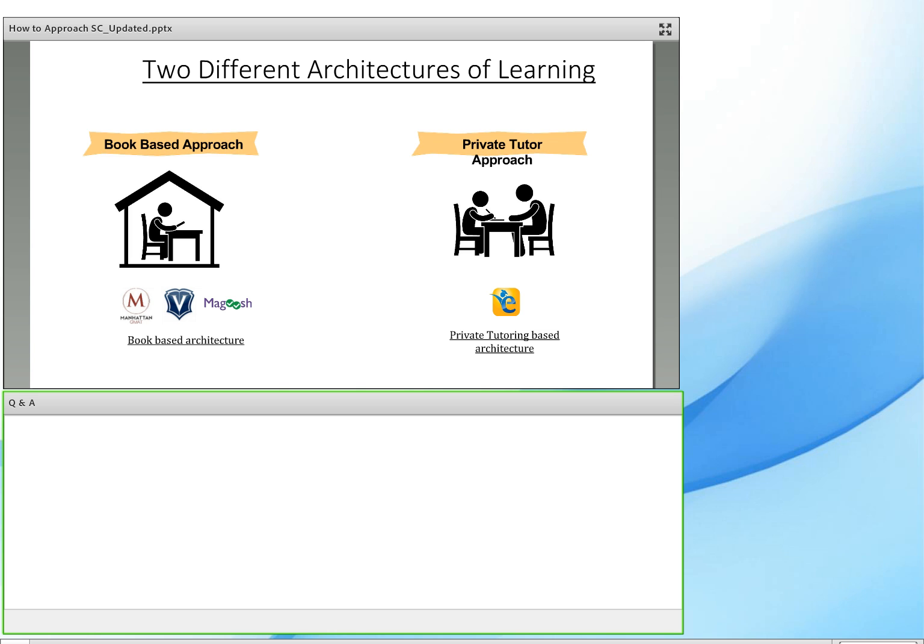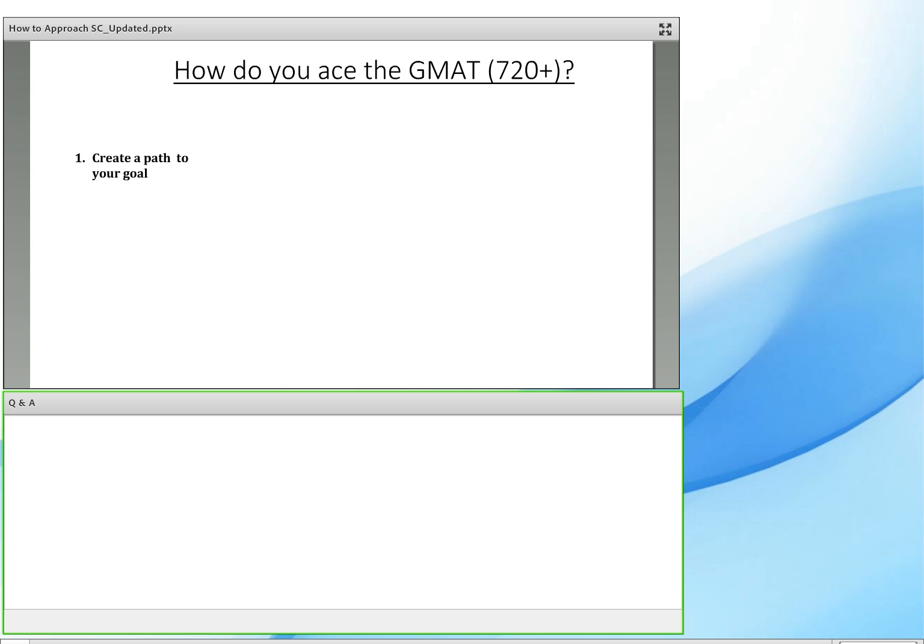To understand why one approach is better than the other, let's see how you get to that 720 or higher score. There are a few things that you need to do. First, you need to create a path towards that goal.